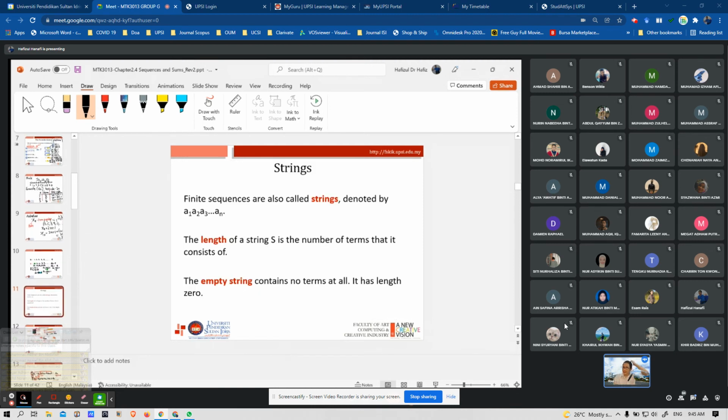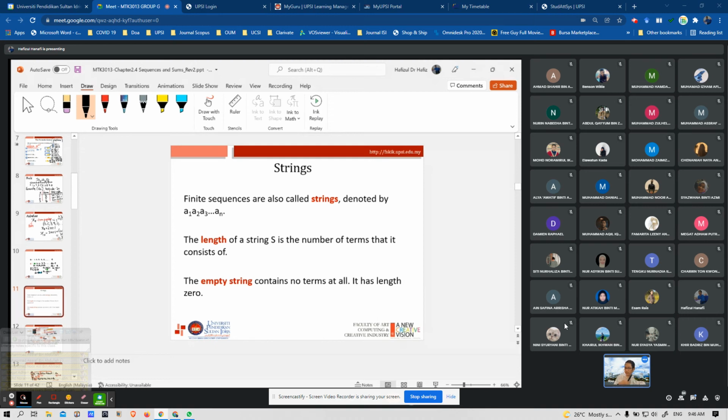And then we have strings. Finite means that you can count. Finite sequences are also called strings, denoted by a_1, a_2, a_3, and so on to a_n. The length of a string is the number of terms that it consists of, and the empty string contains no elements, no terms at all.